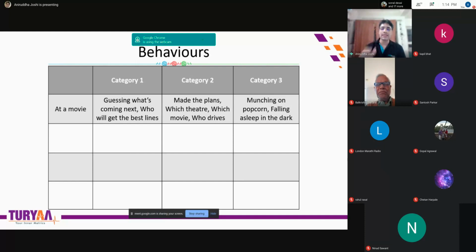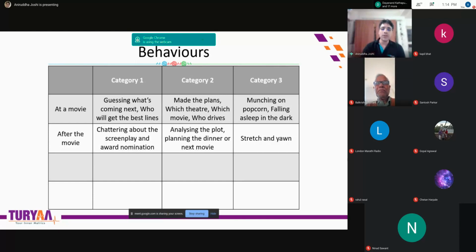So they're driving a particular session. Category three is relaxing, munching on popcorn. They will make sure that they come to this session, but not aggressively. I mean, you do everything, we will come. After the movie also, there are people who are chatting about it, talking about nominations. The second category is analyzing, planning the dinner, the next movie, and so on. And the third category of people are still at peace.